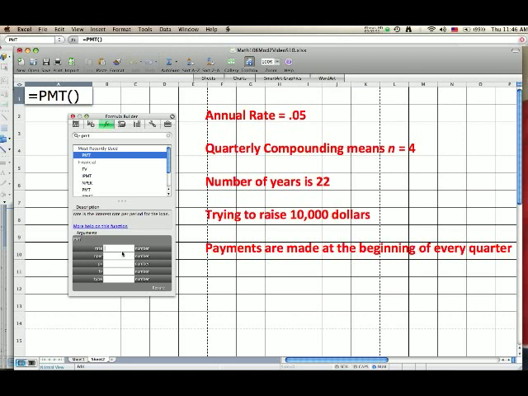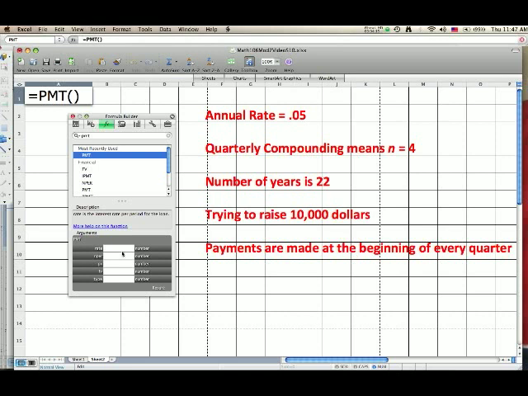Okay, since it's per period, I hope you realize that for us that means per quarter. So we're going to be putting the effective rate into this space. The effective rate we know is defined as the annual rate divided by the number of times that we compound in 1 year. So it's going to be 0.05 divided by 4. Some people put the decimal straight in here because they know the decimal, but some of these decimals round.